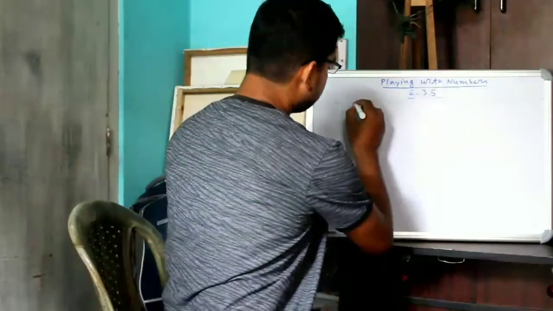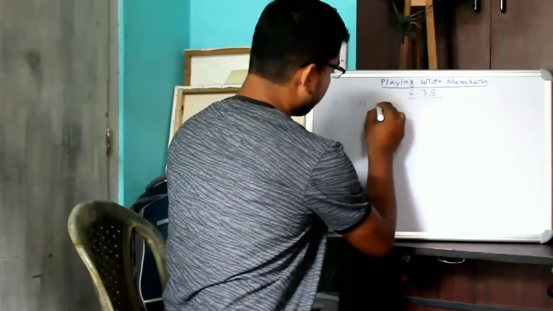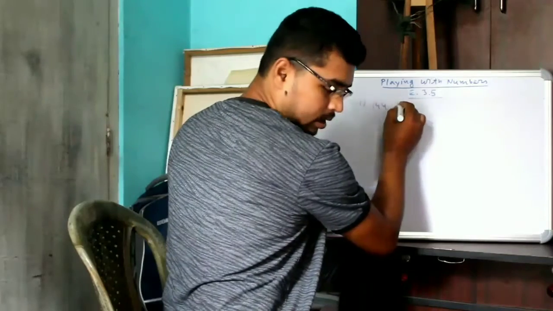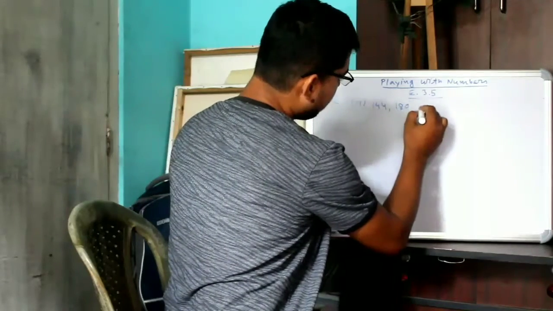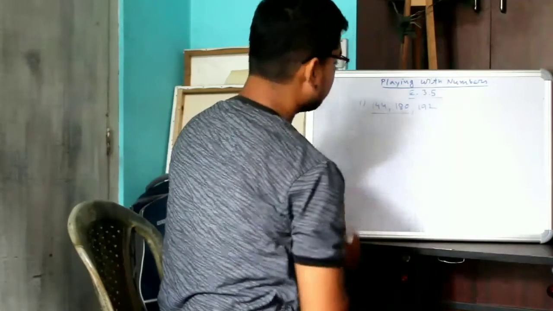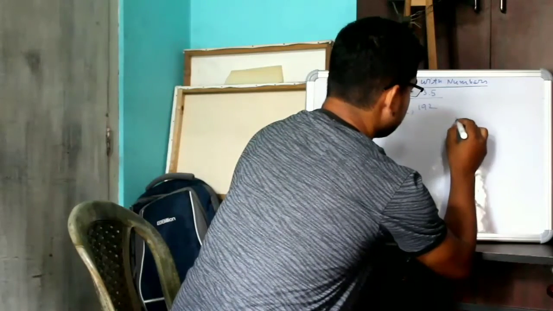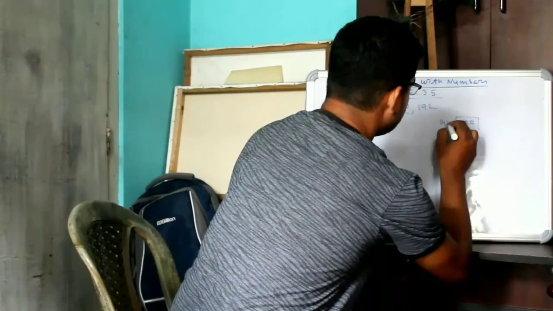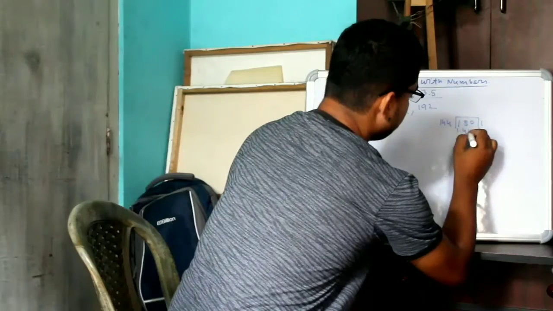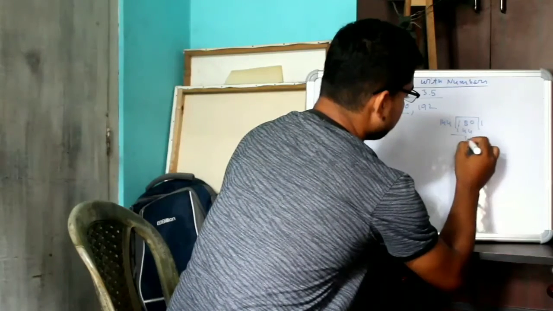Number 6: 144, 180 and 192. First you check this one. 180 divided by 144: 1 time 144, 36 will come.